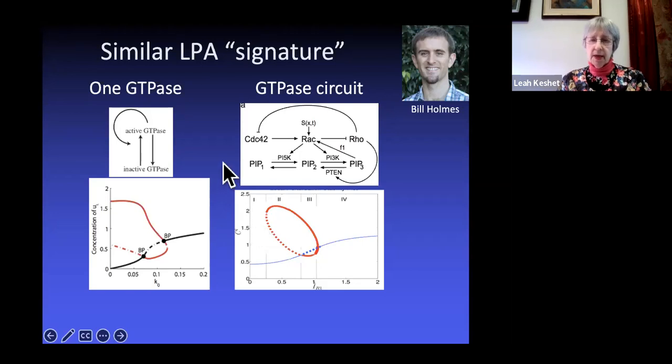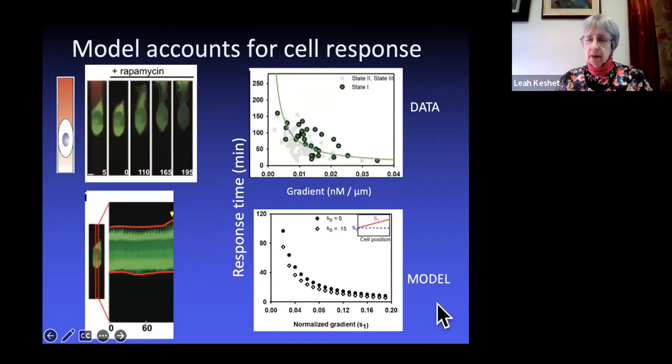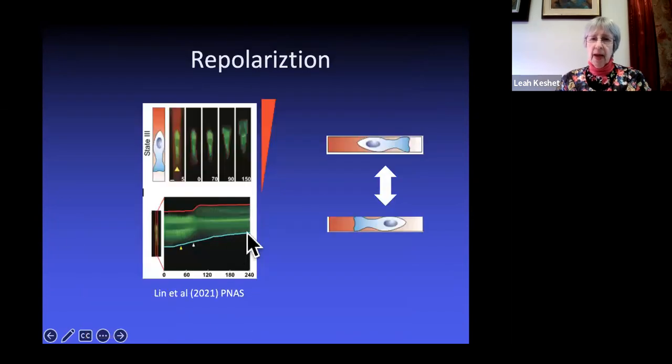Again, I won't go through the details for time reasons, but this has all been published, and I can send you links to papers if anyone's interested. So it turns out that the model shown down here accounts for the data for the way that cells respond. So different gradients give rise to different response times, for instance. And also it explains the way that cells can repolarize.